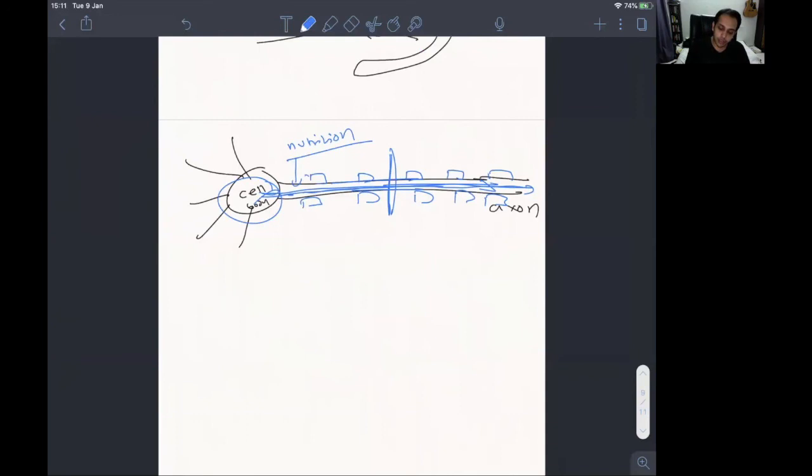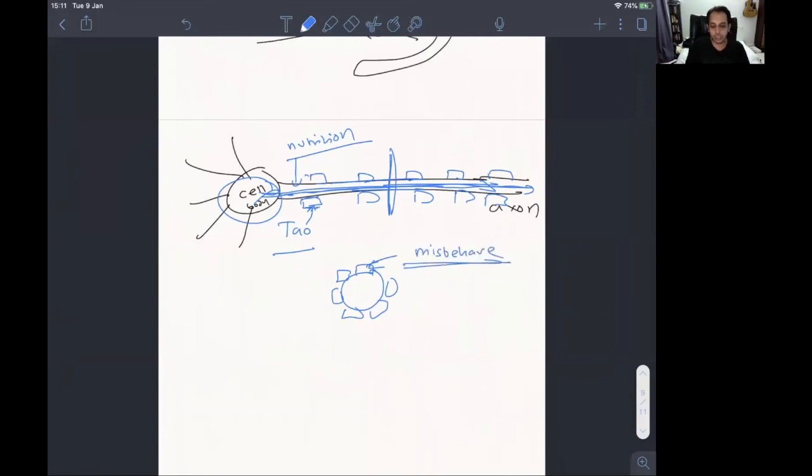Now what tau does is, tau are these proteins that actually stabilize the walls of the axon, and something happens to cause this tau to misbehave.